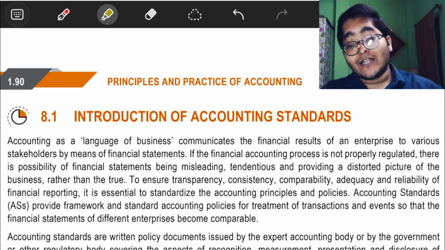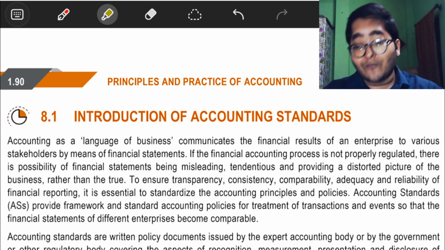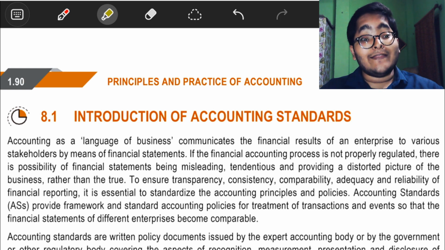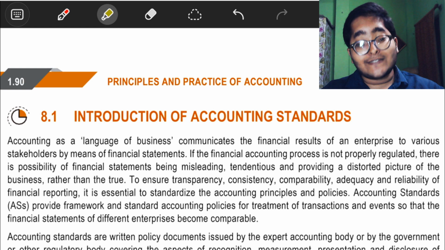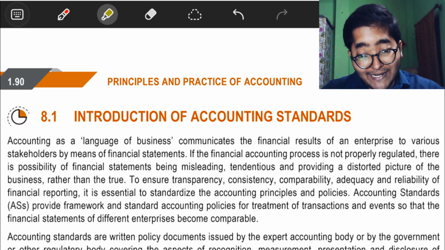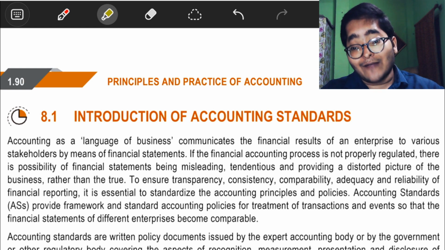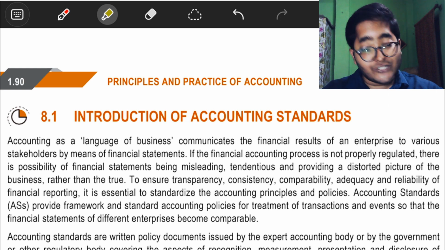If the financial accounting process is not properly regulated, there is possibility of financial statements being misleading, tendentious, and providing a distorted picture of the business rather than the true one.